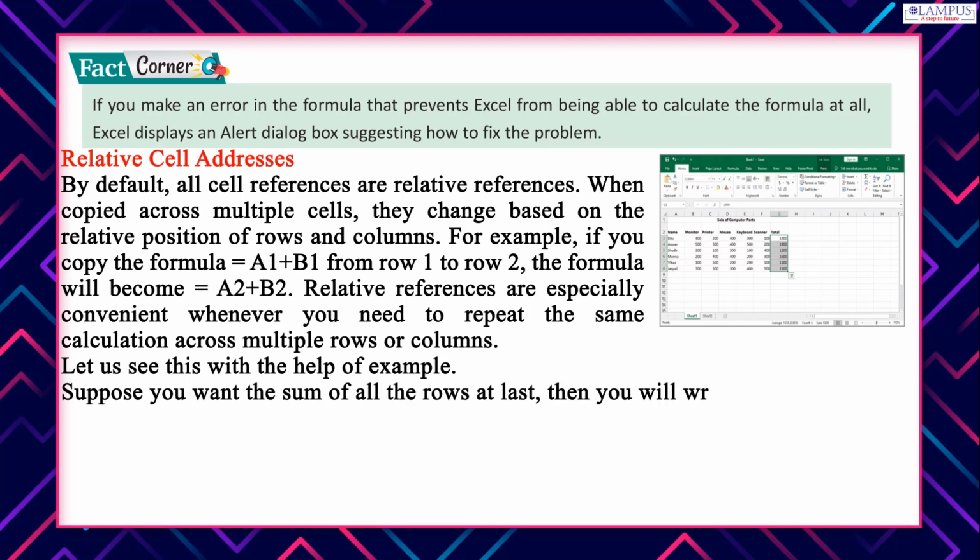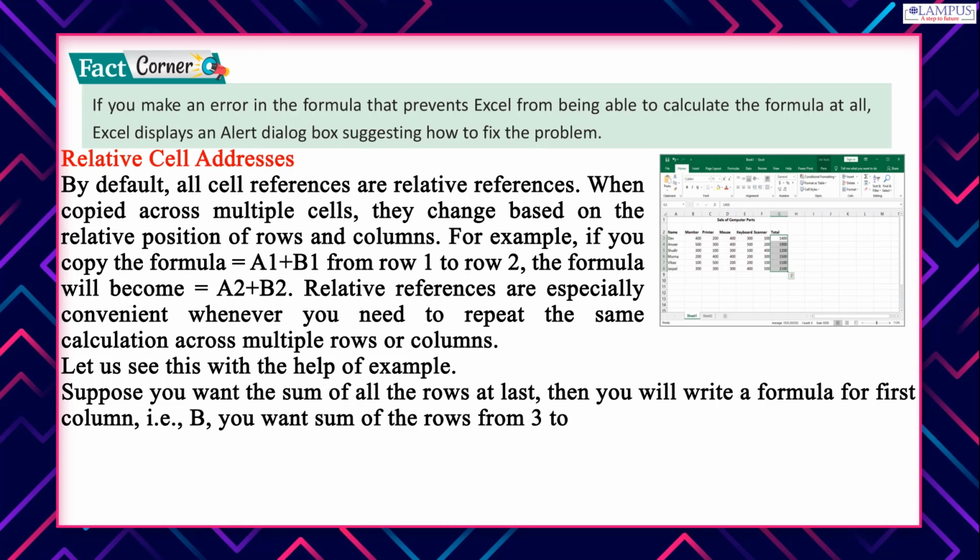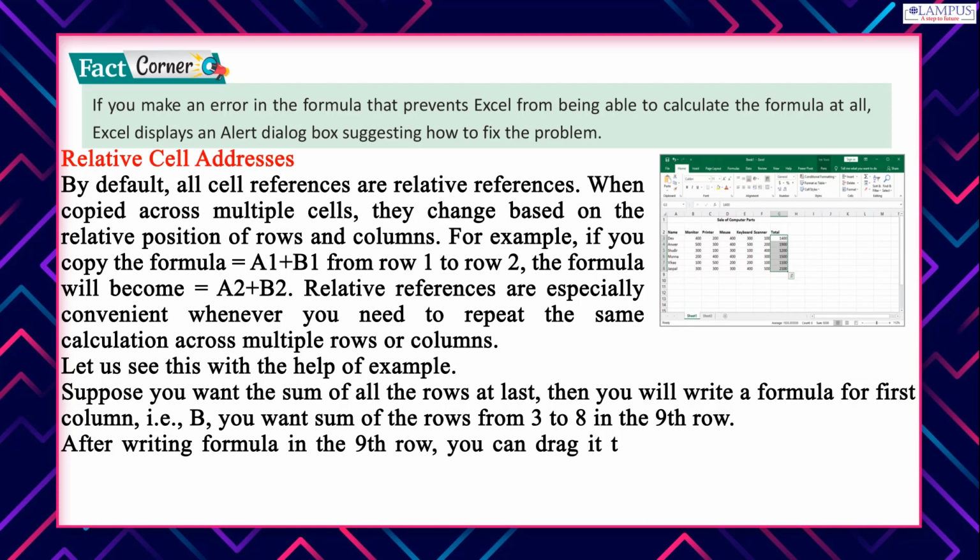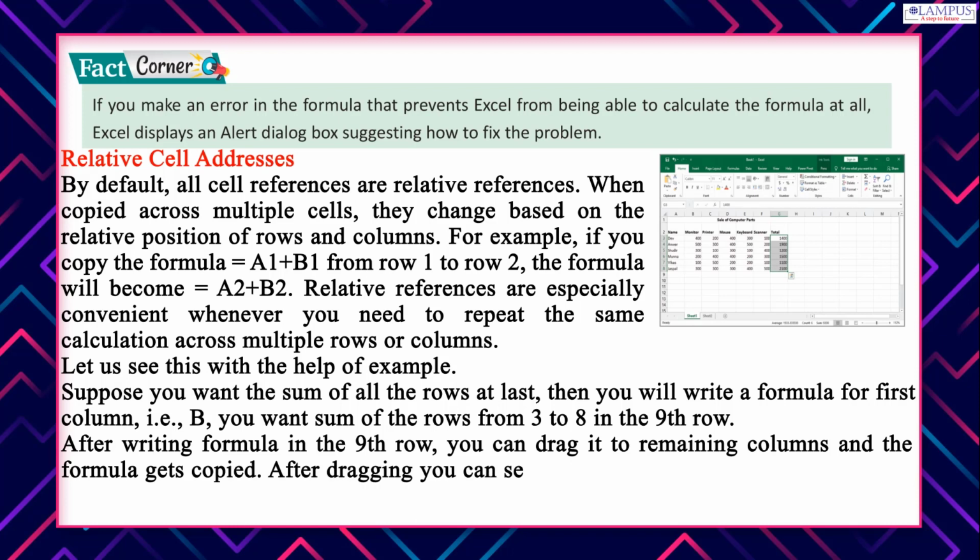Suppose you want the sum of all the rows at last, then you will write a formula for the first column, i.e., B. You want the sum of the rows from 3 to 8 in the 9th row. After writing the formula in the 9th row, you can drag it to the remaining columns and the formula gets copied.